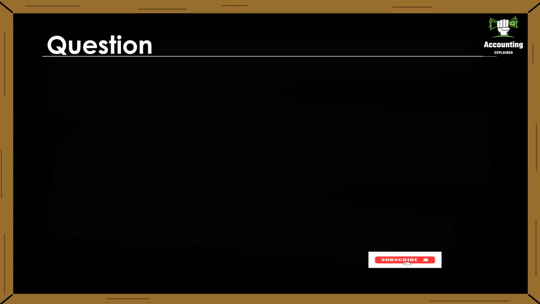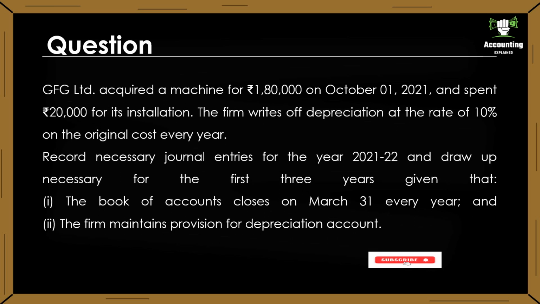Let's solve a question on provision for depreciation. The question is as follows. GFG Limited acquired a machine for rupees 1,80,000 on October 1, 2021 and spent rupees 20,000 for its installation. The firm writes off depreciation at the rate of 10% on the original cost every year.